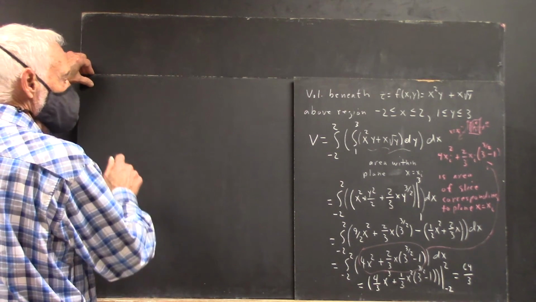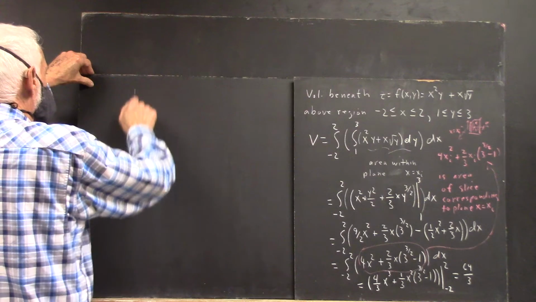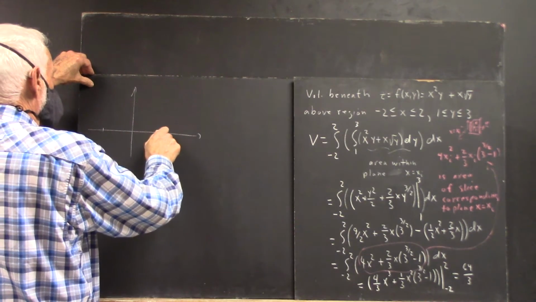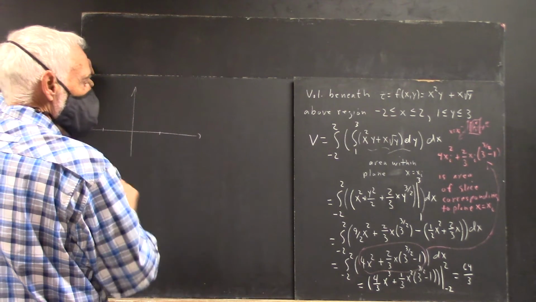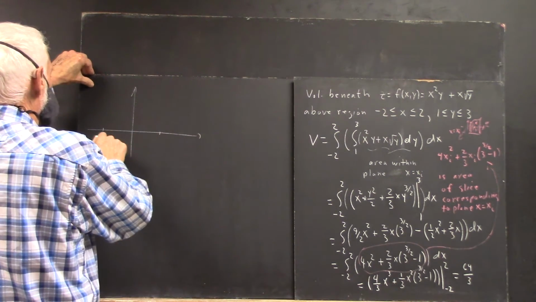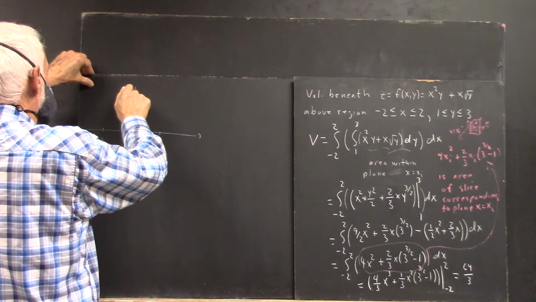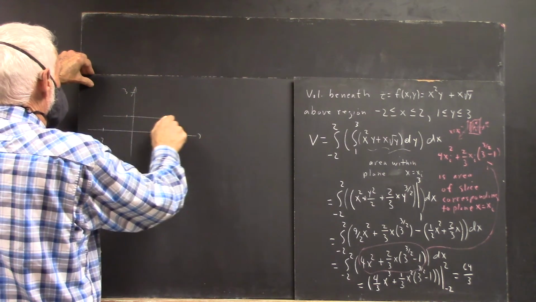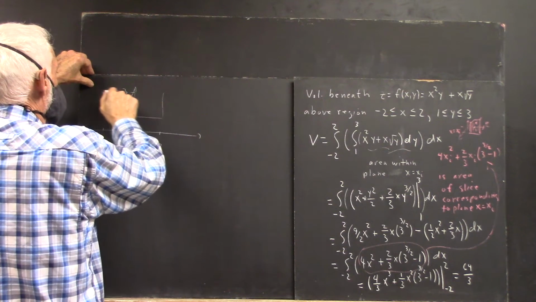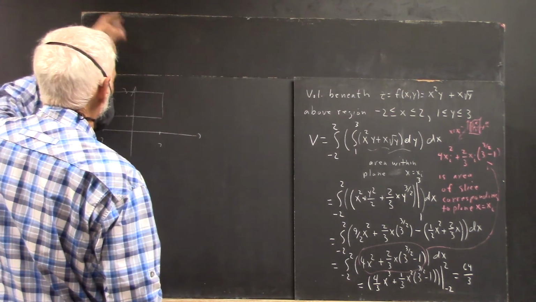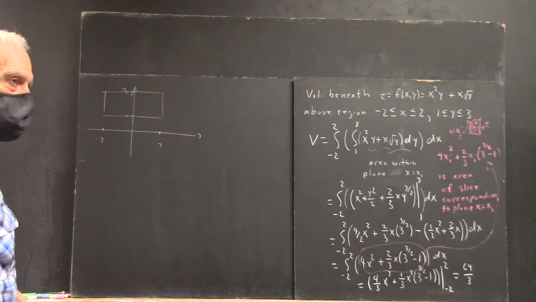Here's our region of the XY plane. X goes from -2 to 2, and Y goes from 1 to 3. Not drawing it particularly to scale. 1, 2, 3 should be a little higher, but we get the idea.